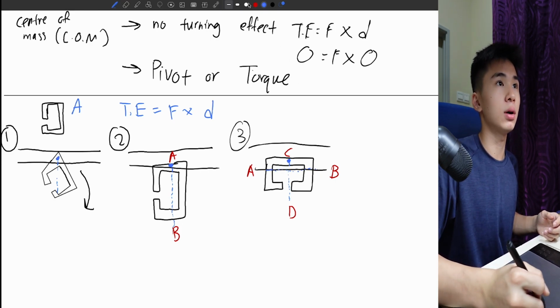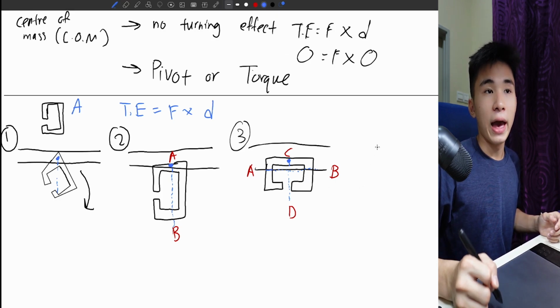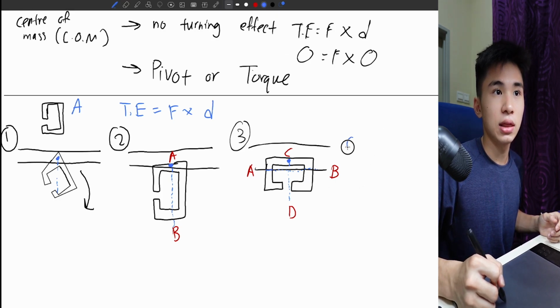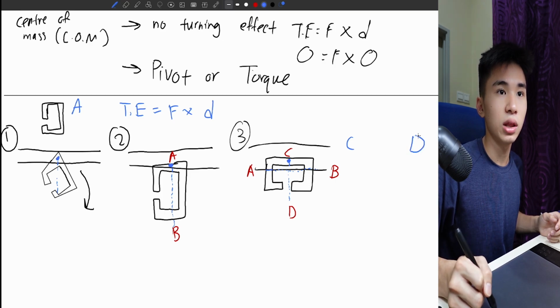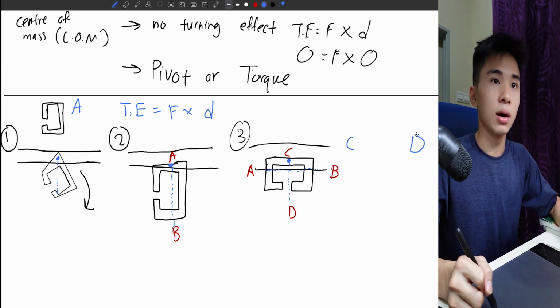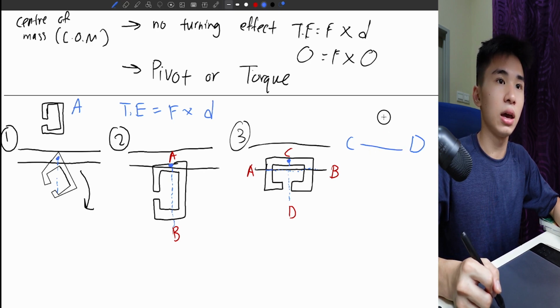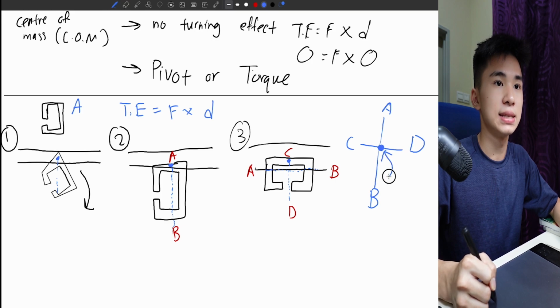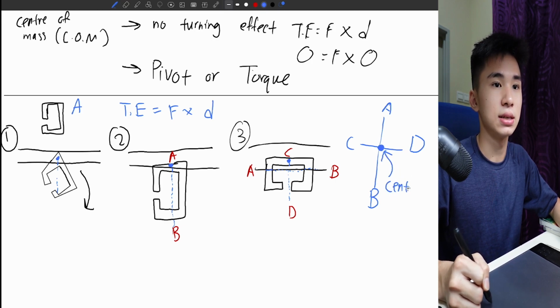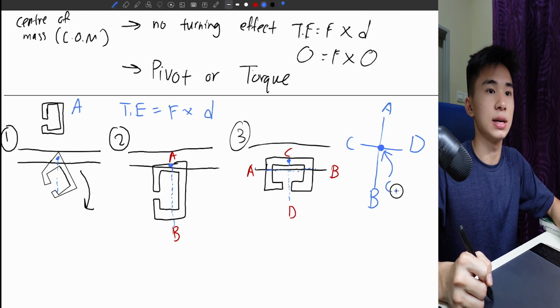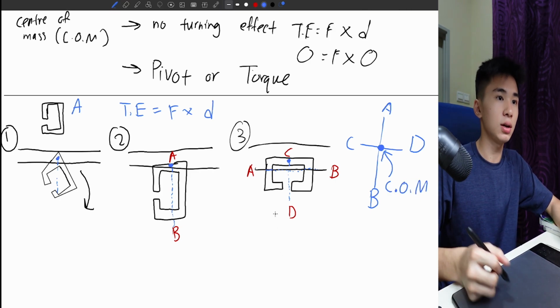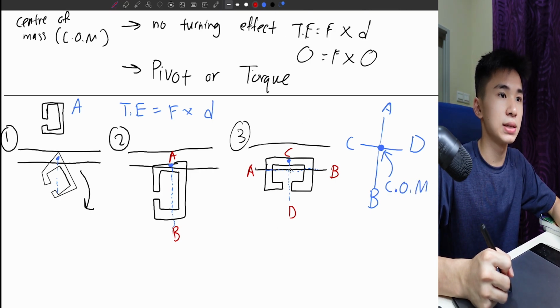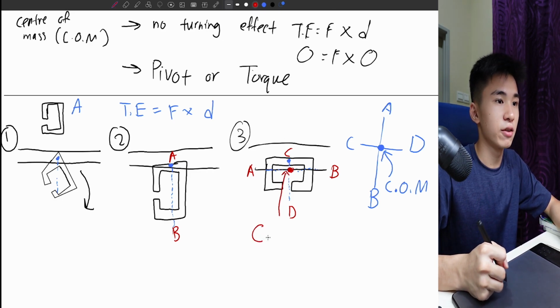As soon as the line CD crosses the line AB, this will be the center of mass or center of gravity, which I will call COM. So this will be our center of mass, in short form COM.